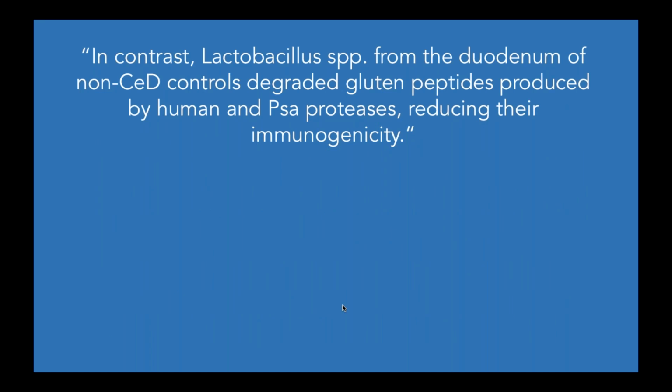Okay, and that's the point here in this final excerpt from that article, which says, in contrast, lactobacillus species from the duodenum of non-celiac disease controls degraded gluten peptides produced by human and Pseudomonas aeruginosa proteases, reducing their immunogenicity.